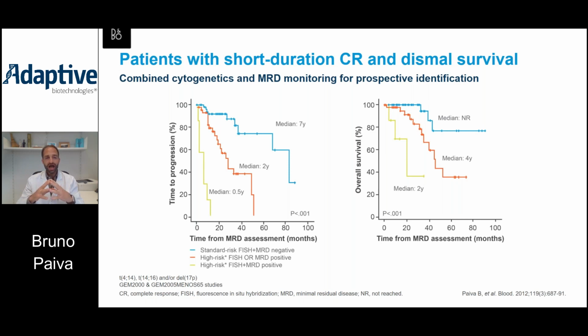These are patients with high risk cytogenetics at diagnosis and persistent MRD after treatment. Median time to progression is of half a year, and these patients have a dismal survival, median overall survival of 2 years.